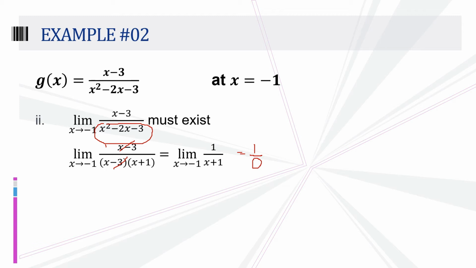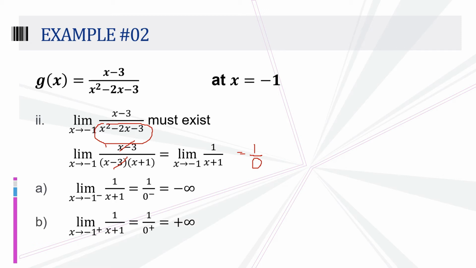So we have to check, okay, yung kanyang one-sided limit. So first, the limit of 1 over x plus 1 as x approaches negative 1 from the left is equal to 1 over 0 negative, or that is negative infinity. And the limit of 1 over x plus 1 as x approaches negative 1 from the right is equal to 1 over 0 positive, which is positive infinity.